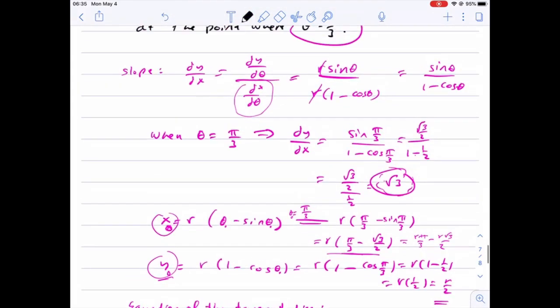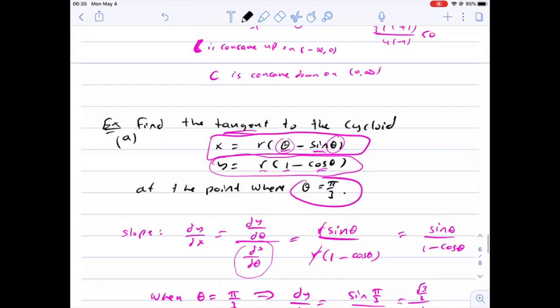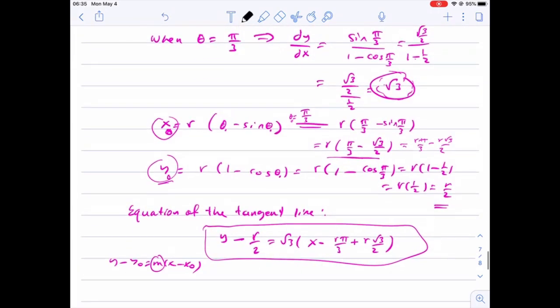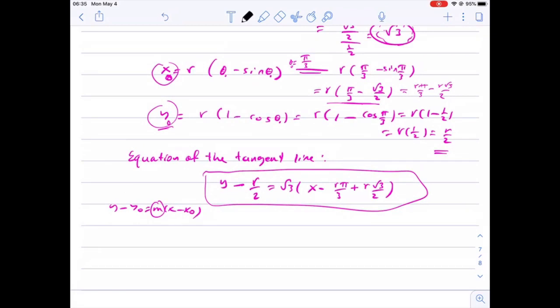Now let's make this part A, and now part B, we want to find the points where the function is horizontal. At what points is the tangent horizontal?